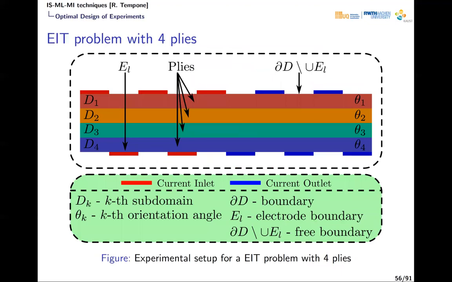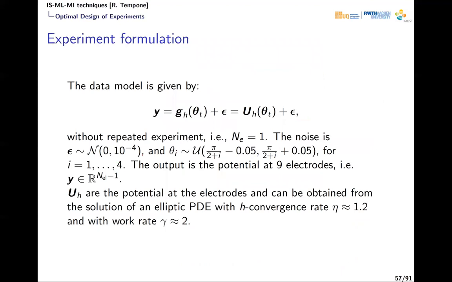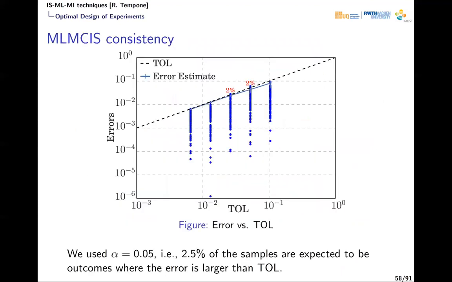You can generalize to an example here with 4 plies. And here I show you the computations. We first show that, as usual, we track very closely the error that we want to have in our computations, given by tol here, versus the actual computational error, that is the error in blue.